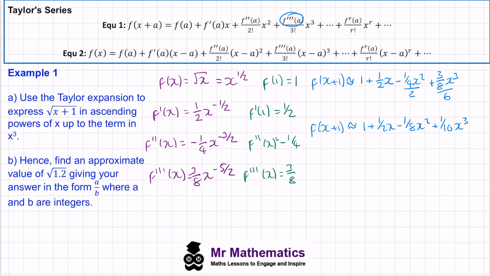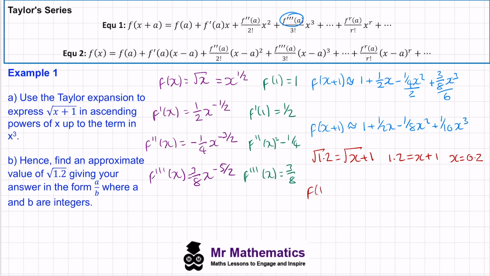And in example B, we've been asked to find an approximate value of the square root of 1.2. But now we can say, if we let the square root of 1.2 equal the square root of x plus 1, then we can use our expansion. So if 1.2 equals the square root of x plus 1, we can square both sides, so 1.2 is equal to x plus 1, and then our x value will be 0.2. So now we can substitute 0.2 into our expansion.